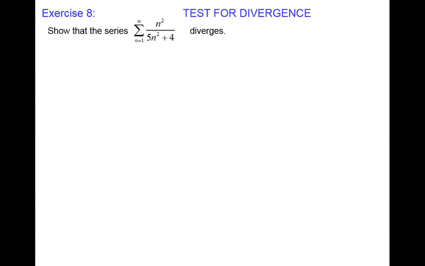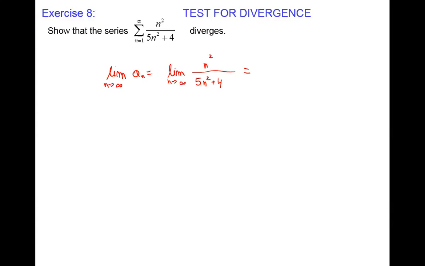And let's look at this one. Show that the infinite series, summation from 1 to infinity, n squared over 5n squared plus 4, is divergent. Do you see that it's divergent? Because the limit at infinity of a sub n is the same as the limit of n squared over 5n squared plus 4. Now we have to be quite proficient with the limits. Do you know what this limit at infinity is?